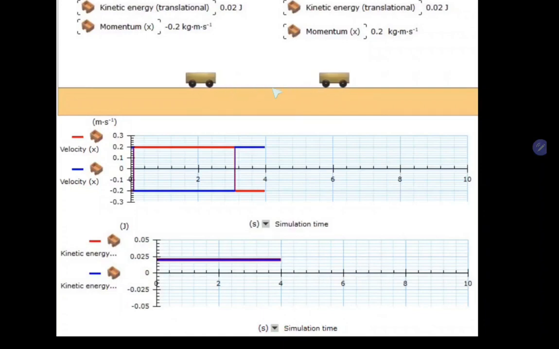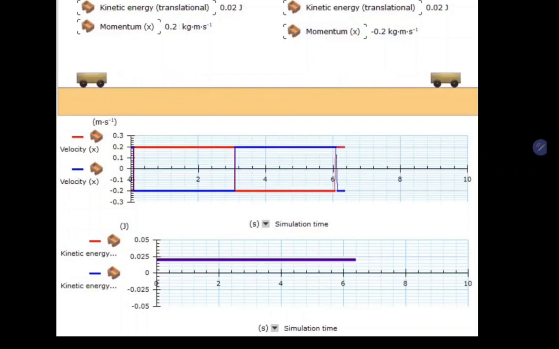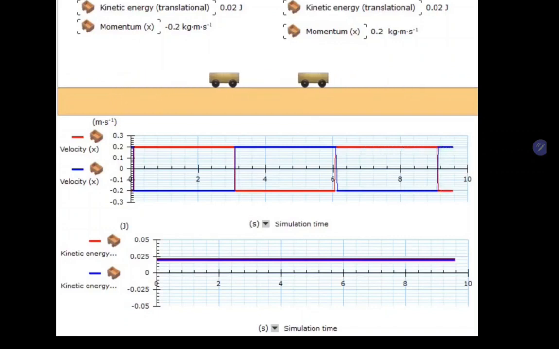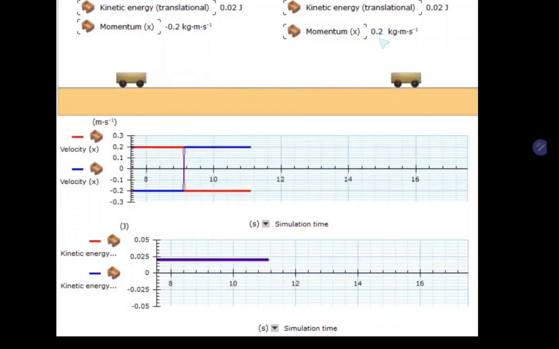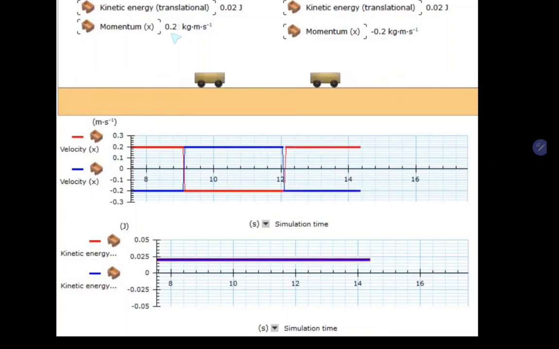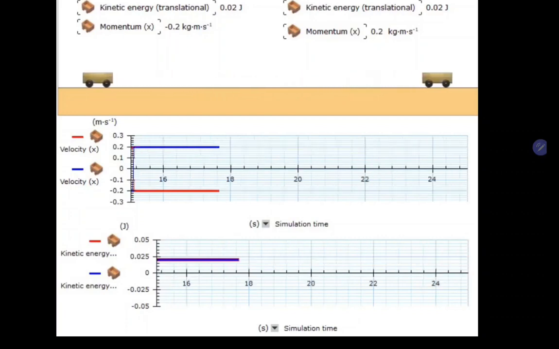So this kind of collision is called a completely elastic collision. The only change we have here is the momentum direction. Sometimes this one is positive, sometimes negative, and vice versa for the other one.